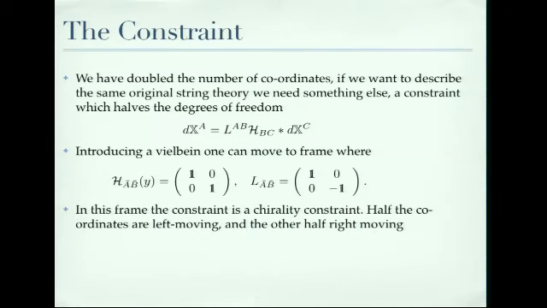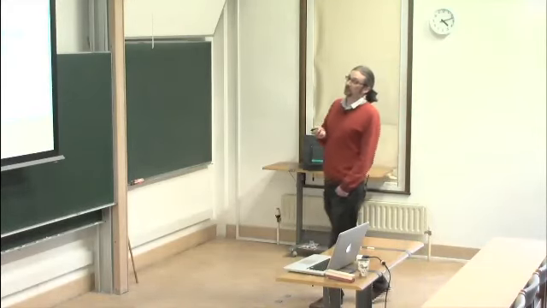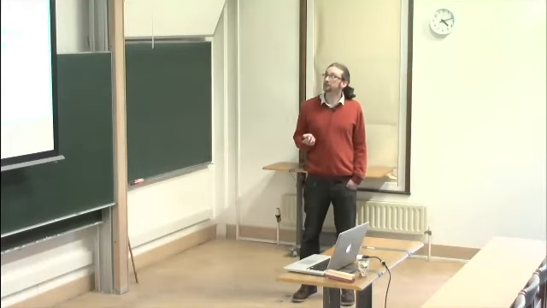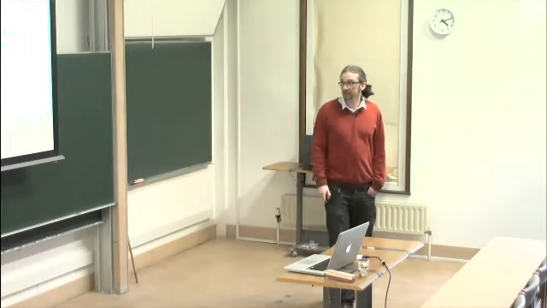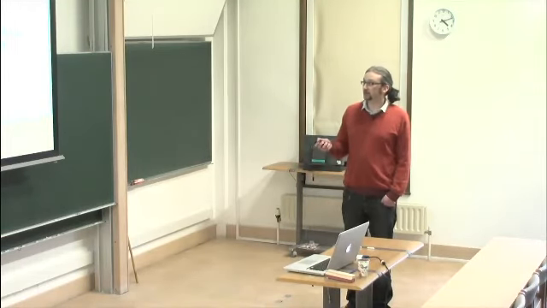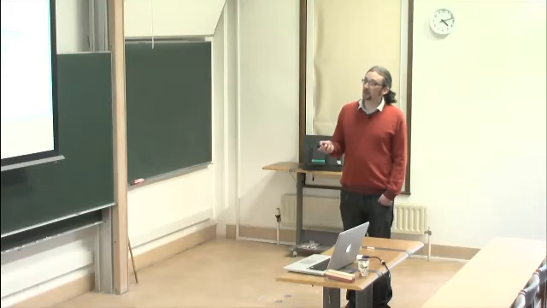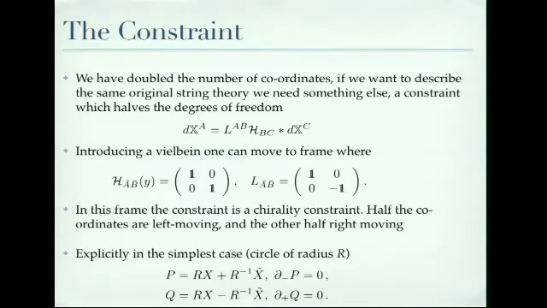So this is a chirality constraint, and it basically says, well, double the coordinates, but half of the new coordinates are left moving only, and half of them are right moving only. So if we do this explicitly in the simplest case, just the circle of constant radius r, then these combinations p and q of x and x tilde are the chiral combinations.